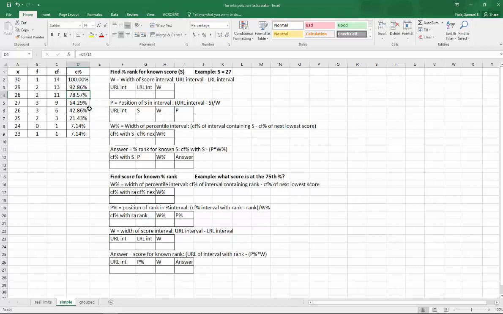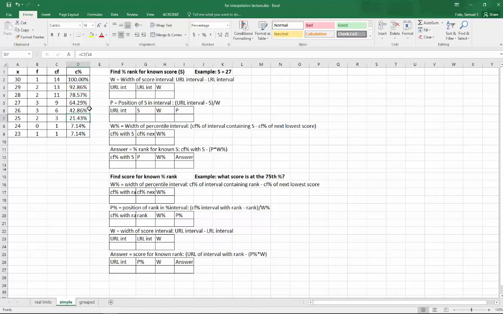Close, but not quite, because 28 isn't really the top of this interval. This interval has upper and lower real limits. It goes from 28.5 down to 27.5. So what score is at the 78.57th percentile? Well, 28.5. Even if that's not an actual observation, mathematically, in terms of interpolation, that's how it works.